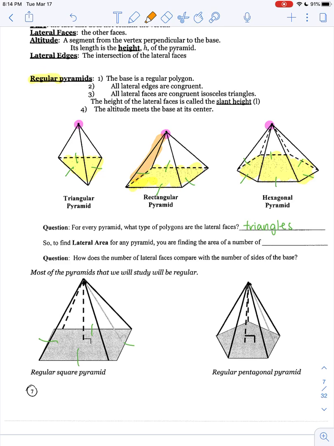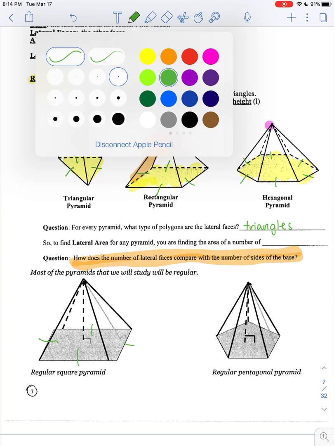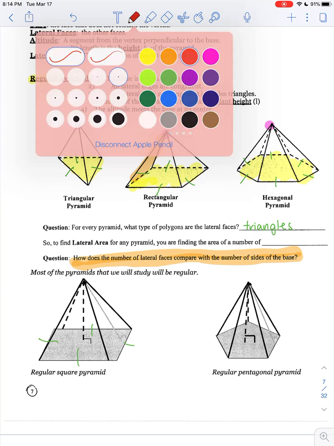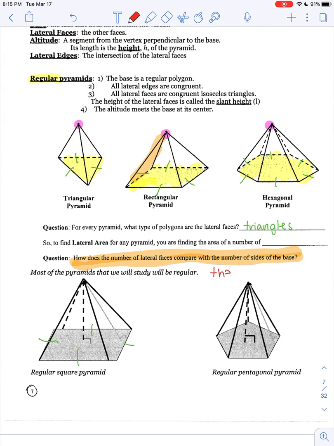If you take a look at the rectangular pyramid, a rectangle for the base, you have 4 sides, and if you count the number of triangular lateral faces, you also have 4. So the question here: how does the number of lateral faces compare with the number of sides? Well, we just counted and it is the same.